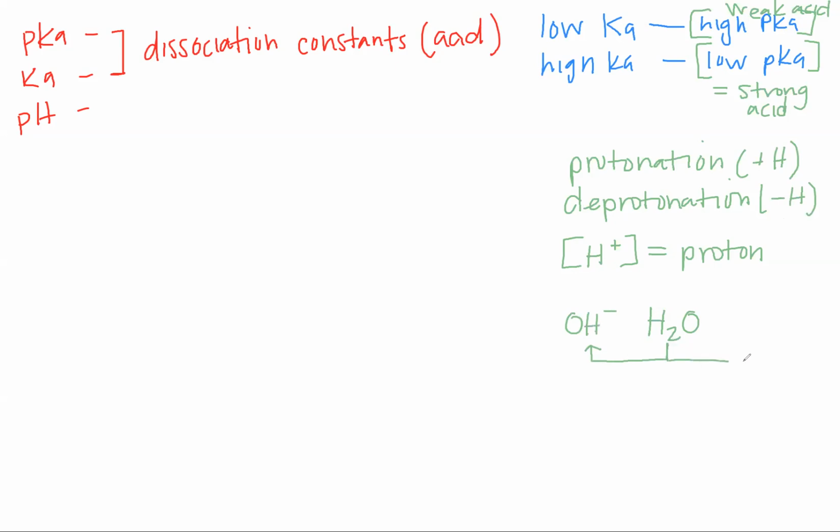And if we protonate, that means adding an H, then we should have H3O plus. So you need to understand what deprotonation and protonation mean in terms of protons. All we need to do is follow H. That's what we do in acid-base chemistry. We follow H, okay?